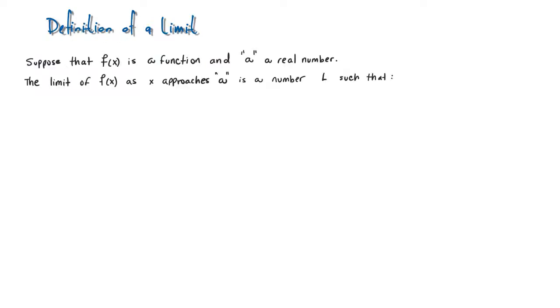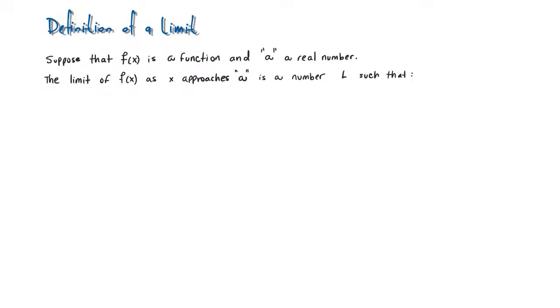Now we're going to go ahead and construct a formal definition of a limit, something that captures pretty much everything that we have said over and over again since we started this video. For example, why don't we start in the following way? Suppose that f of x is a function and a is a real number.